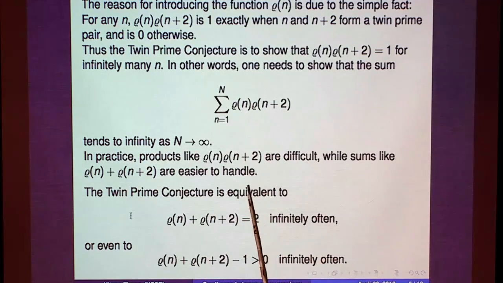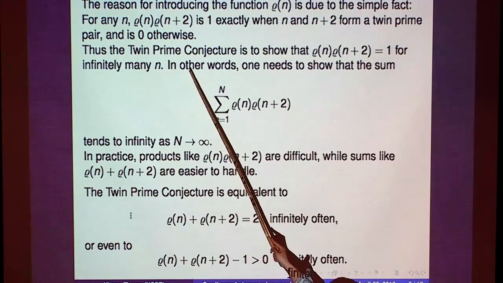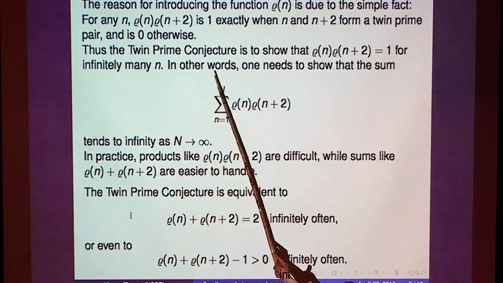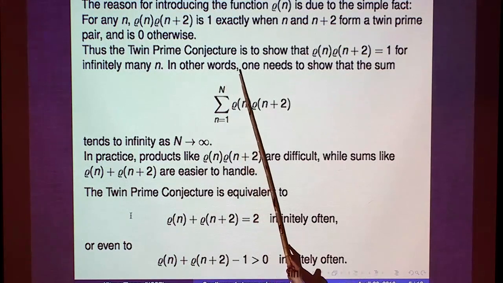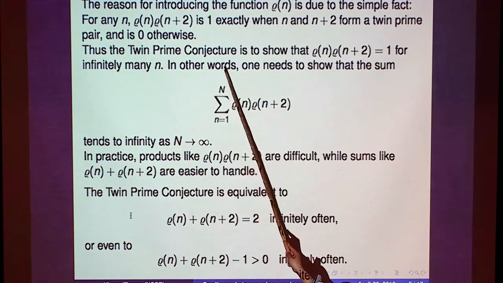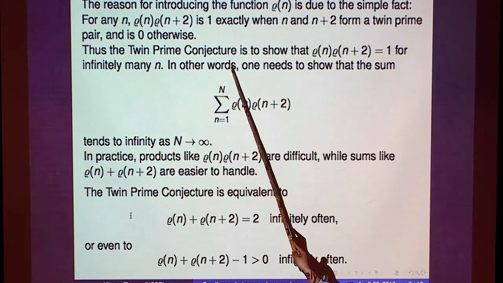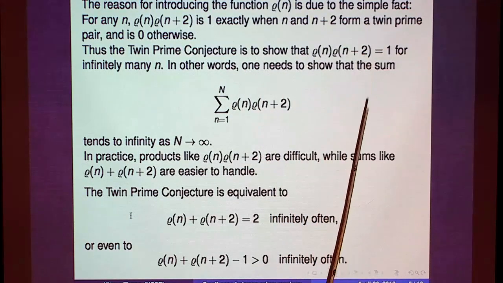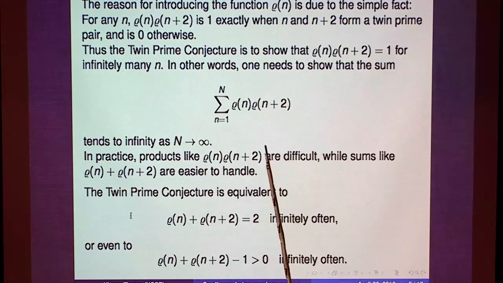Rho of n is equal to 1, so n is a prime number. Meanwhile, rho of n plus 2 is also equal to 1, so n plus 2 is also a prime number. So this product takes the value 1 exactly when both n and n plus 2 are prime numbers. Otherwise, it is 0.